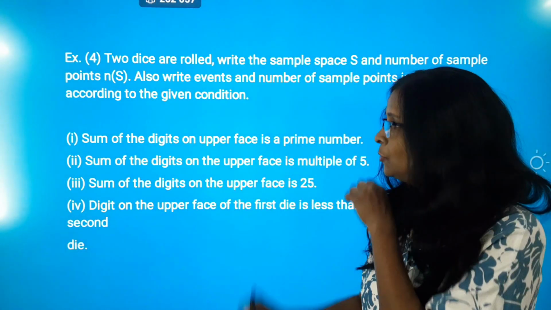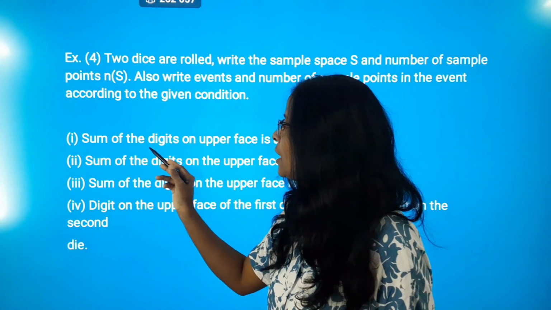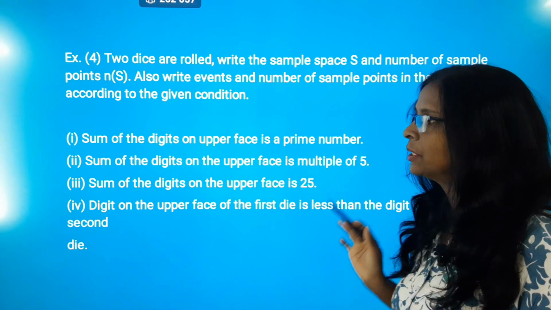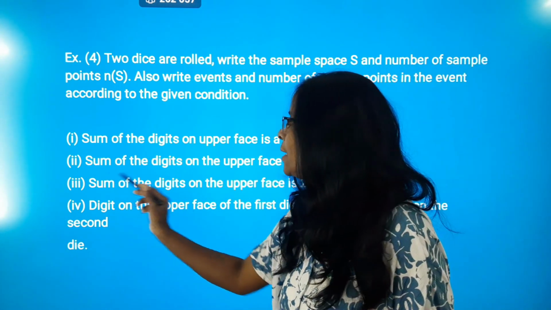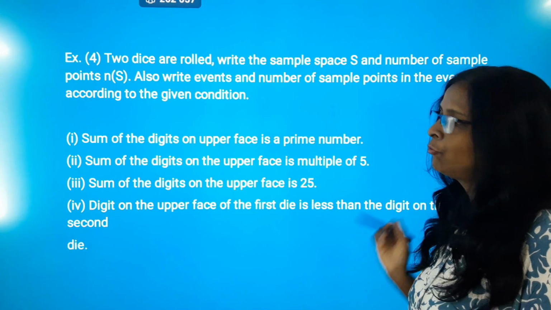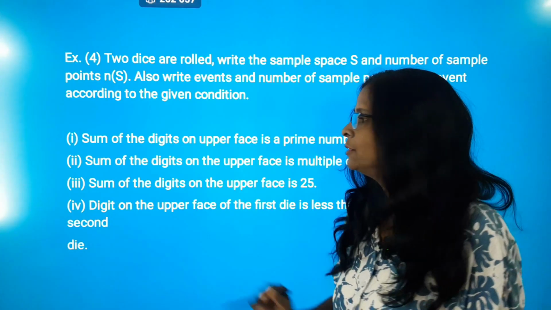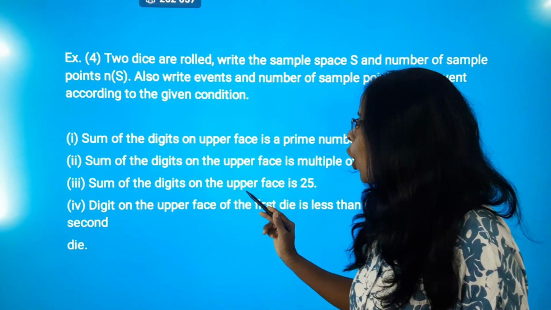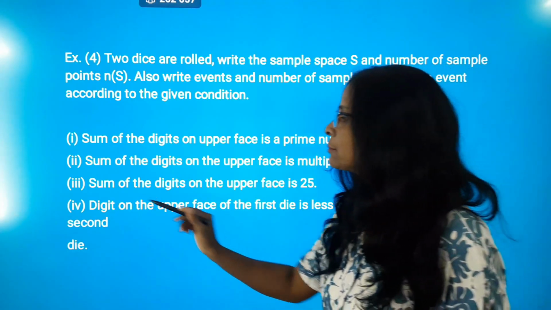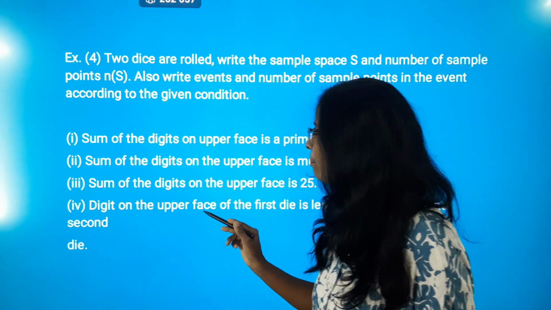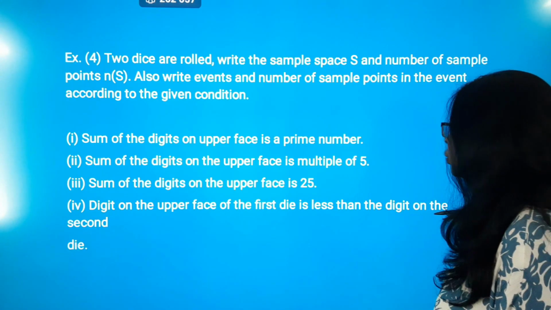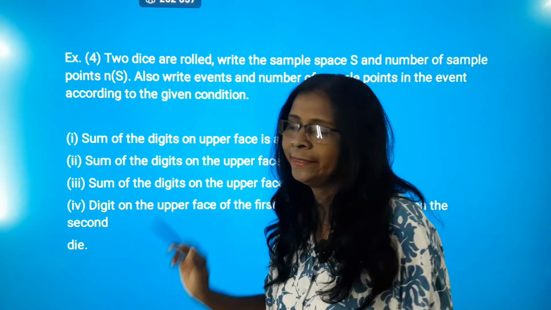First condition: the sum of the digits on the upper face is a prime number. Second: the sum of the digits on the upper face is a multiple of 5. Third: the sum of the digits on the upper face is 25. Fourth: the digit on the upper face of the first die is less than the digit on the second die.